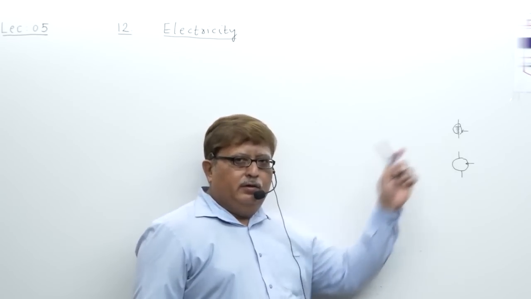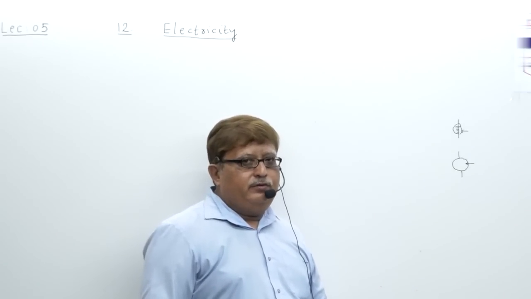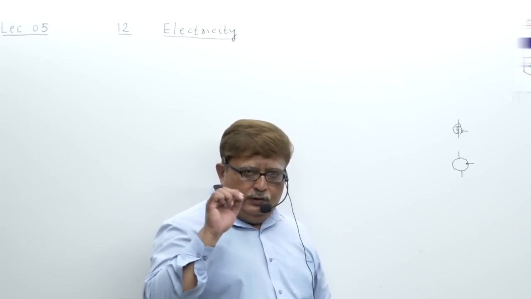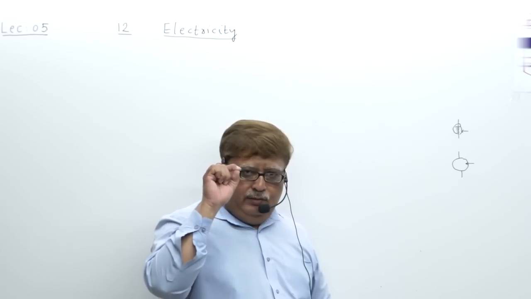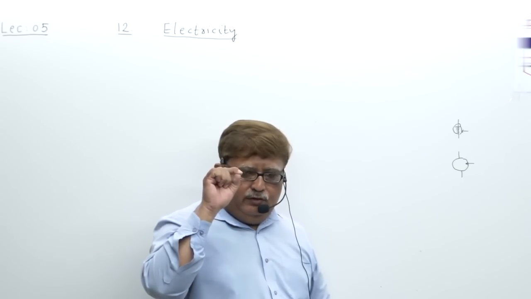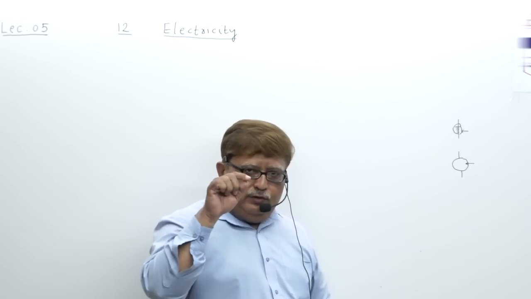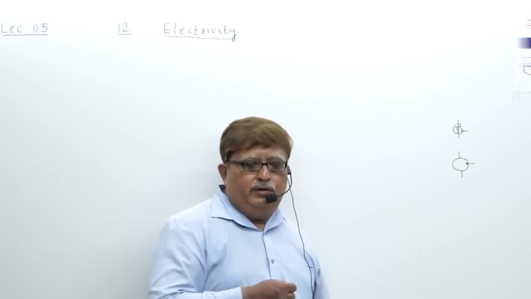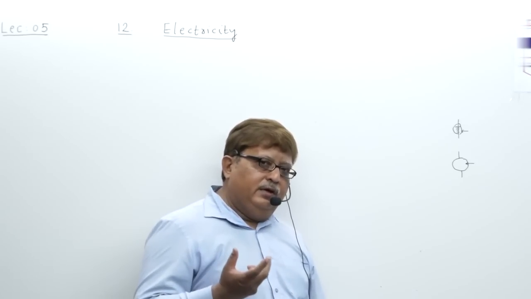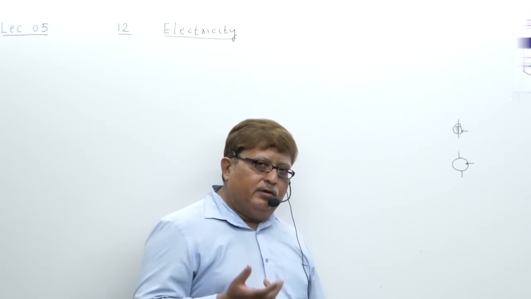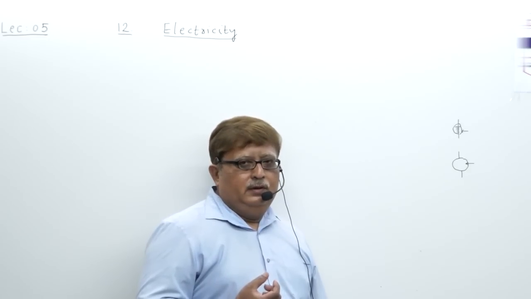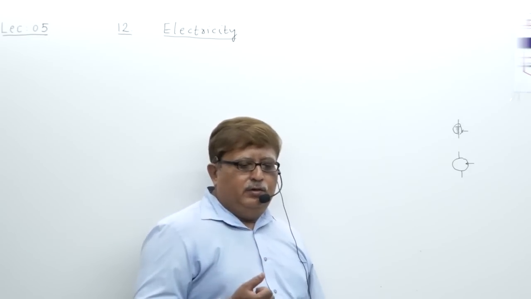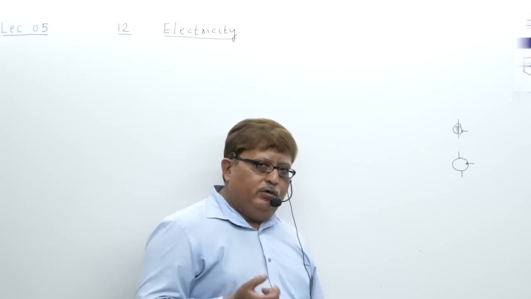Actually that color code is not a fashion highlight. Those color codes are marked on the resistor to estimate its value. That's why the color codes are there. You will study these color codes in detail in engineering, which type of color code means what type of resistance.